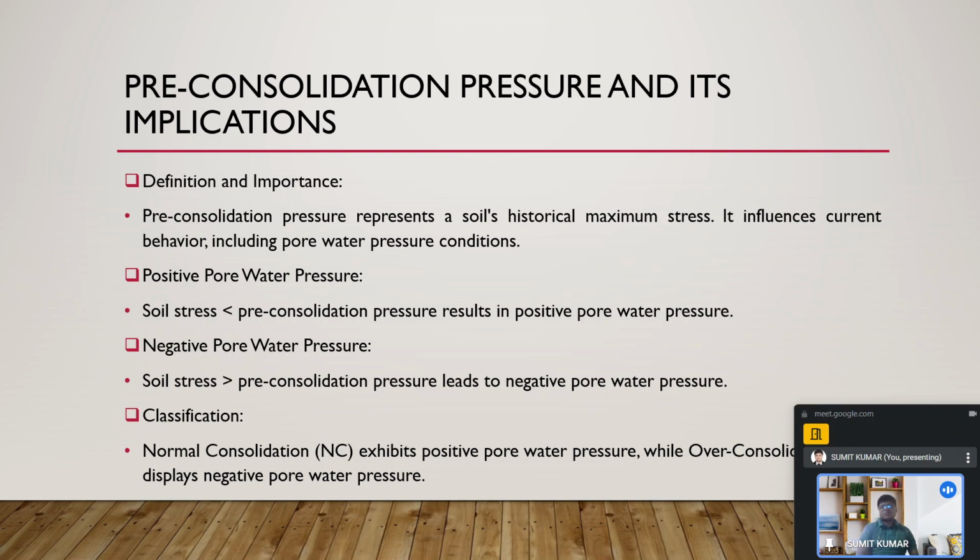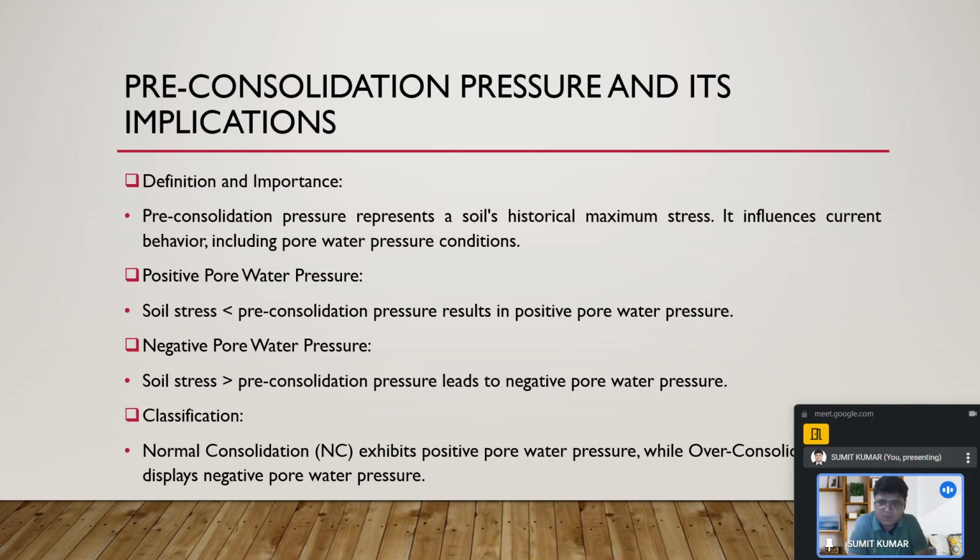Now we talk about the pre-consolidation pressure and its implications. First of all, the definition and its importance. The pre-consolidation pressure represents the soil's historical maximum stress. It influences the current behavior, including the pore water pressure conditions.